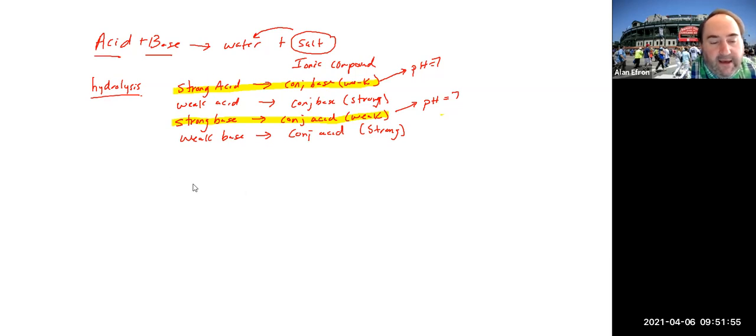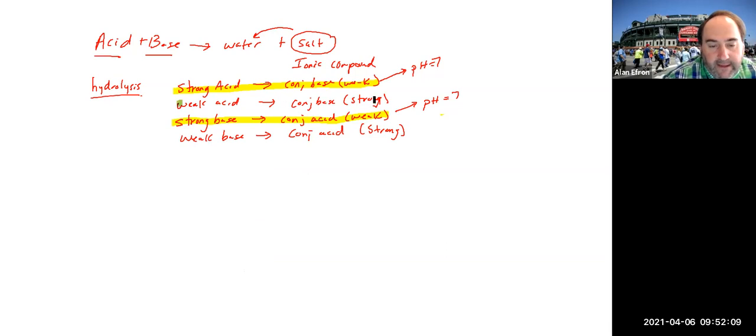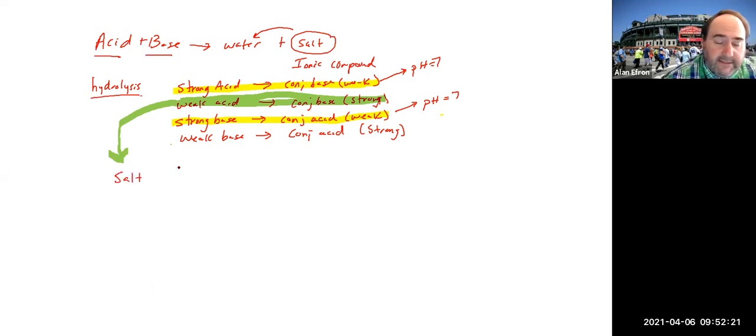Now, if we have a salt that comes from a weak acid, its conjugate base is going to be relatively strong. In that situation, we would expect hydrolysis to occur. And what is the hydrolysis reaction? Well, it's the salt, or part of the salt in some cases, reacting with water.